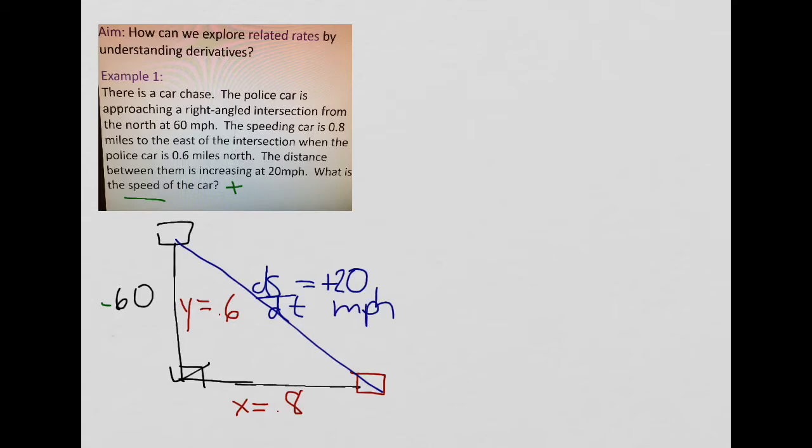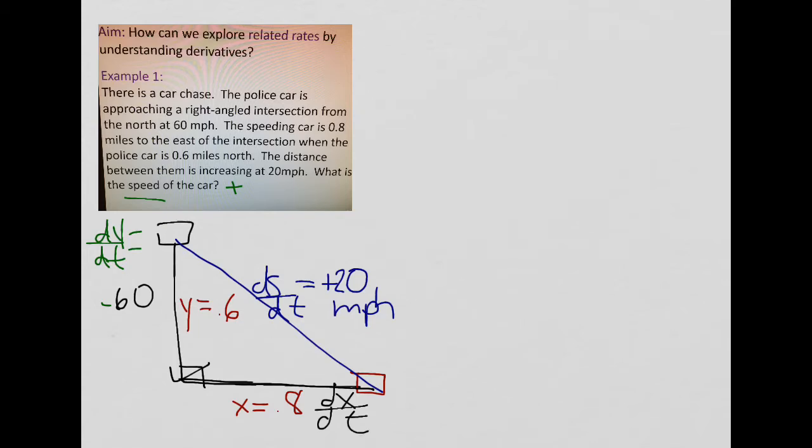We want to label that as dy over dt. Okay, because that's in relationship to the vertical, which is a y equals. Okay, and when they ask what is the speed of the car, that's asking about dx over dt.